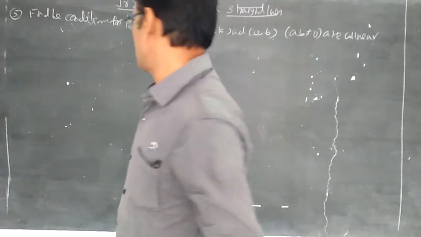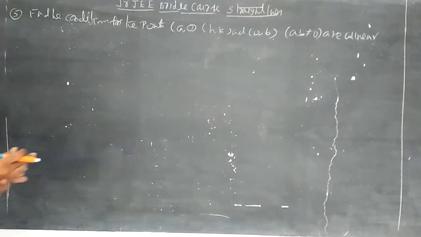Find the condition that (a, 0), (h, k) and (0, b) are collinear.